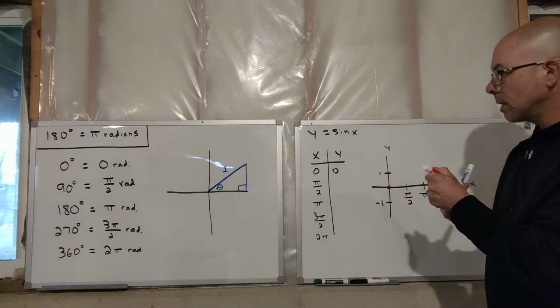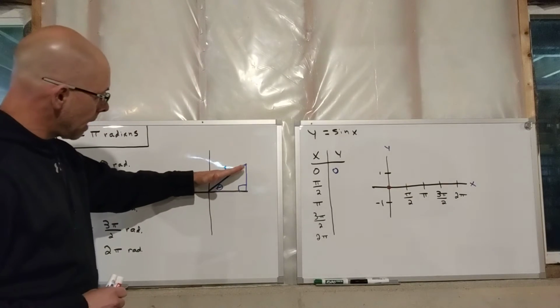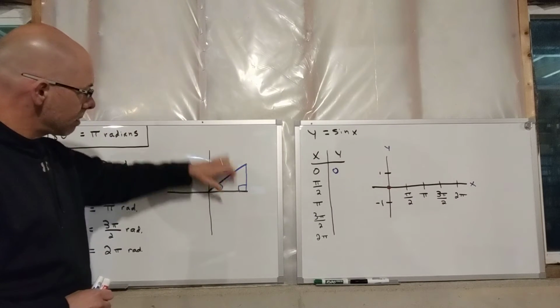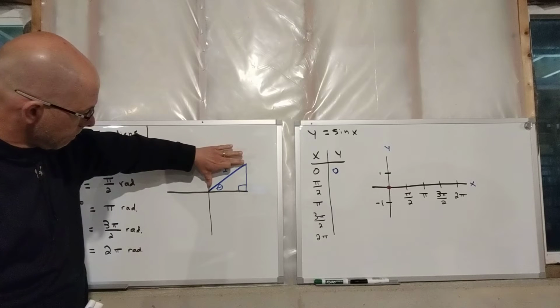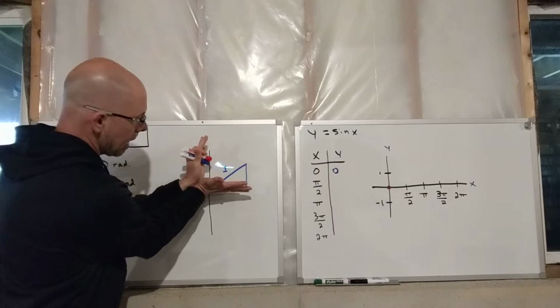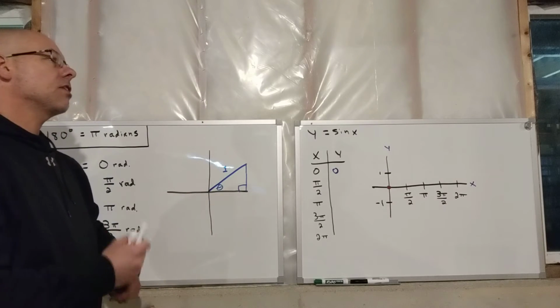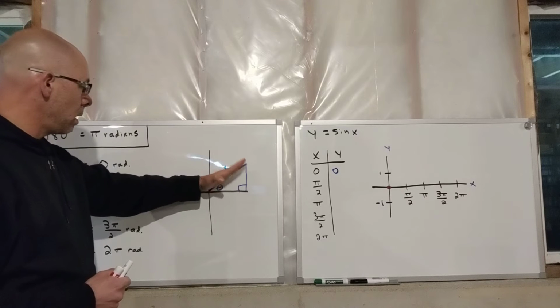Okay, now this next one is a little bit hard to deal with. But I want you to imagine if this was 1, what if this angle rotated up to make a 90? Now I understand the triangle falls apart at that point, but you still have to think about, well, what if this went up like this?